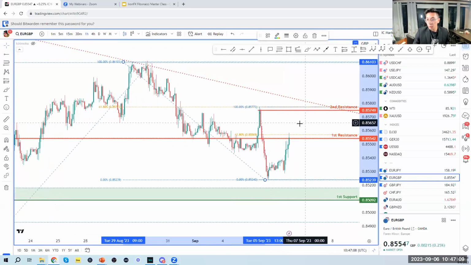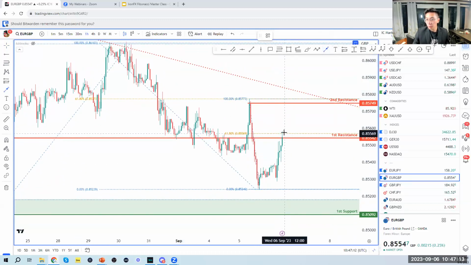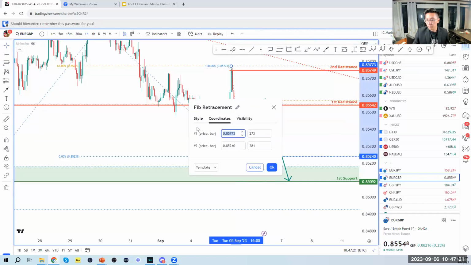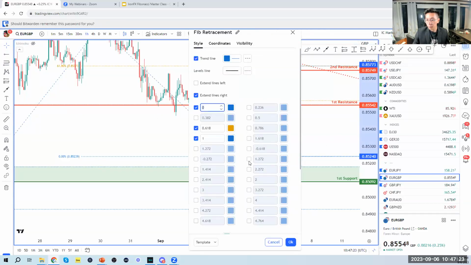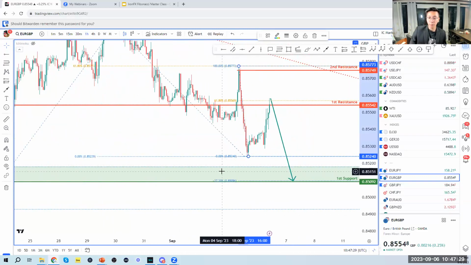So what we're looking at for EURGBP, ideally, is for it to come down. Worst case scenario, you can see right here the first support level, we have this negative 27.2% expansion level.